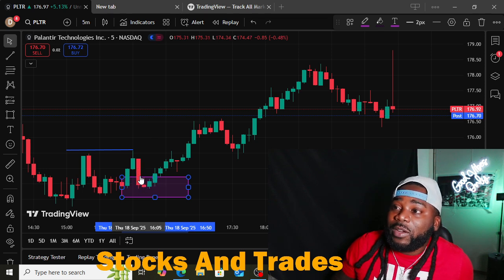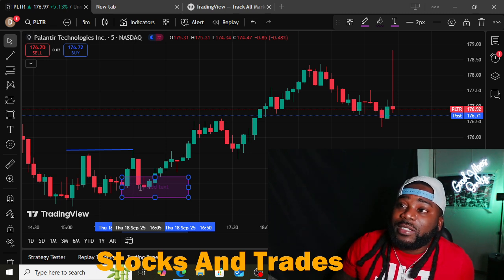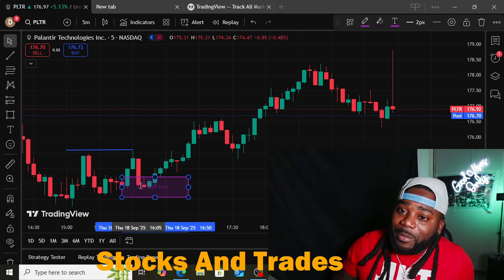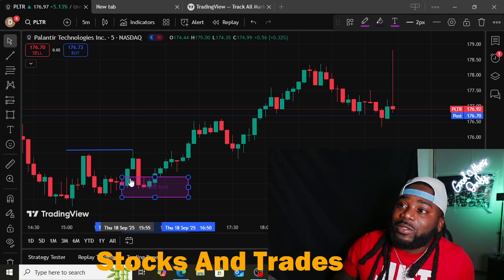Once that big red candle right here goes down and stays in your box area, it's time to enter the trade, because that's confirmation telling you that the trade is about to go up. Just look at it like your territory. If it come down and enter your territory, 9 times out of 10 the stock is going up. So you would want to buy in.